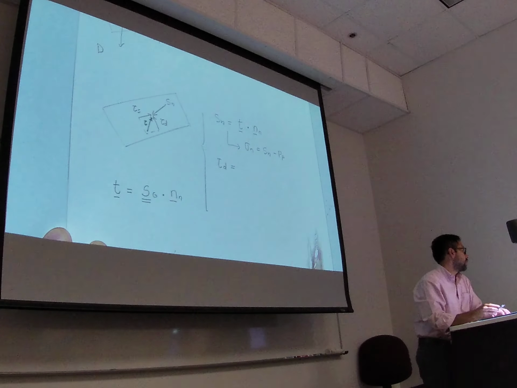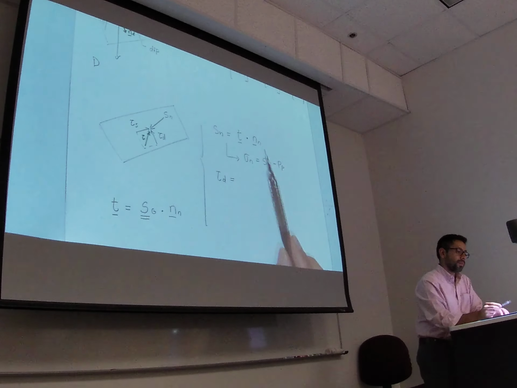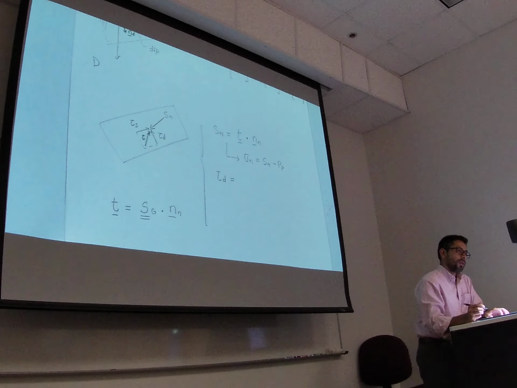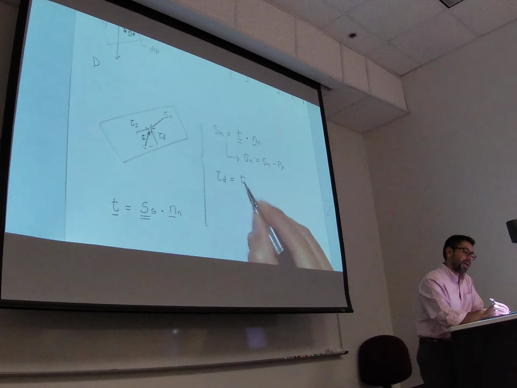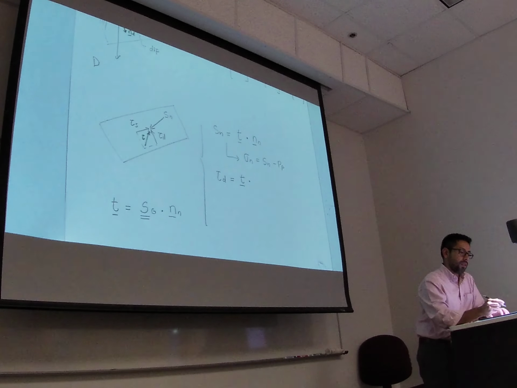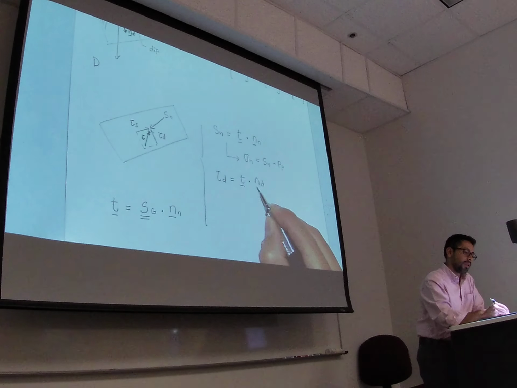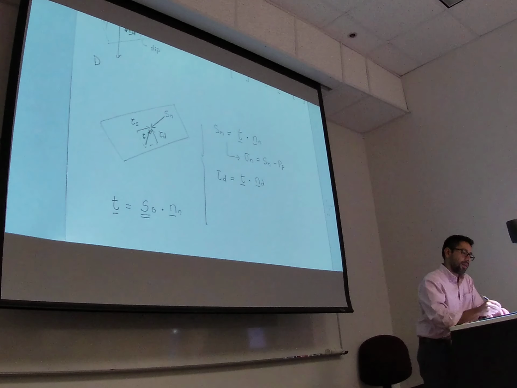If you make an analogy of this with Nn, what do you think tau d is going to be? We're going to need the traction vector T for sure. But in which direction are you going to project T? If it's tau d, it's going to be in the direction of Nd.